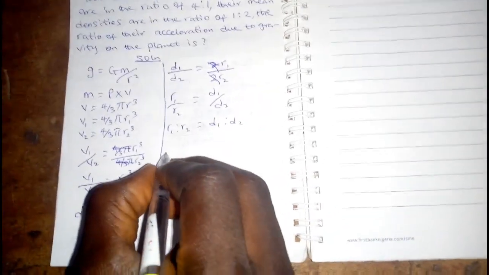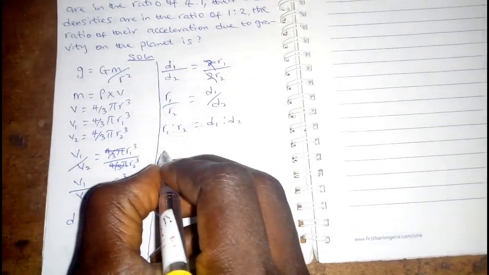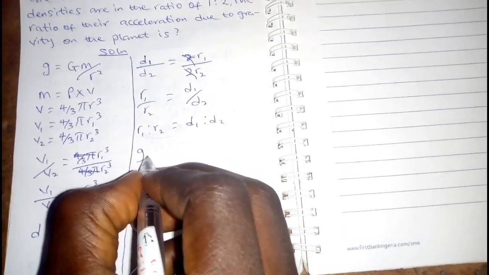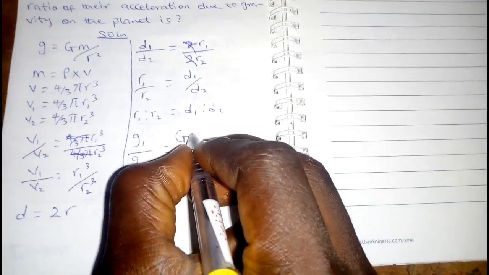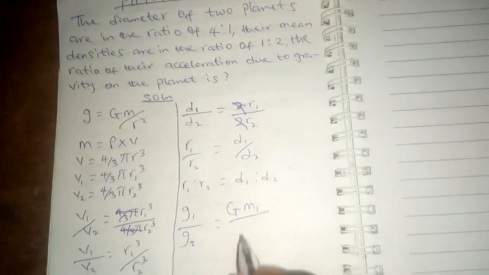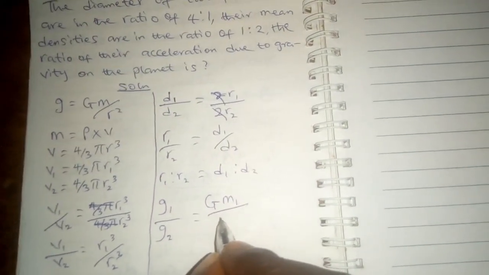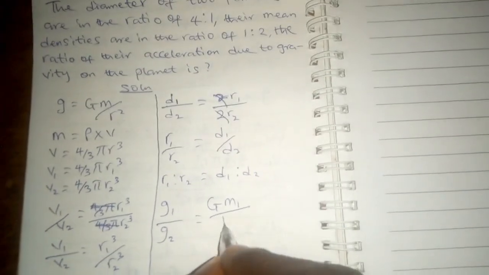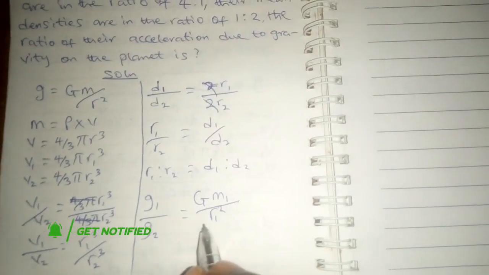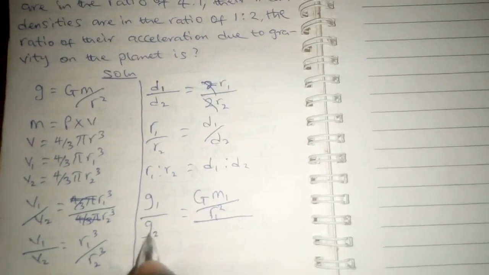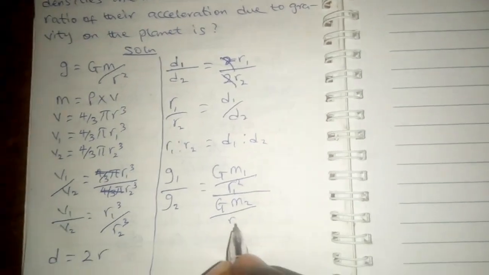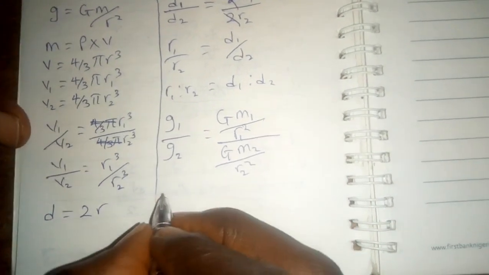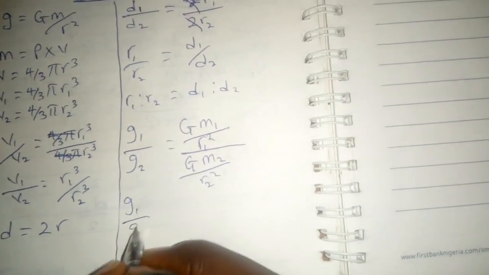Then, going back to this equation, the ratio g1 over g2 is equal to G, which is constant for all planets, times m1 all over r1 squared, divided by G m2 all over r2 squared.